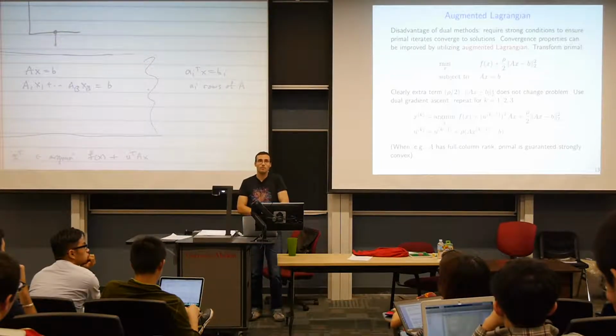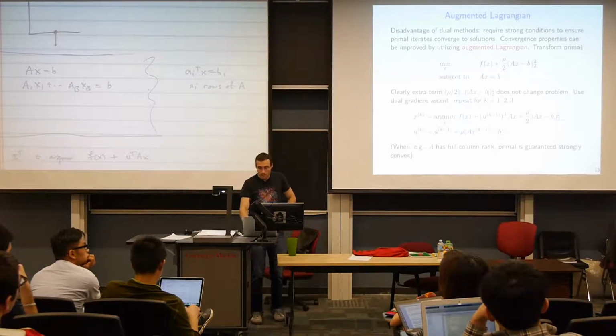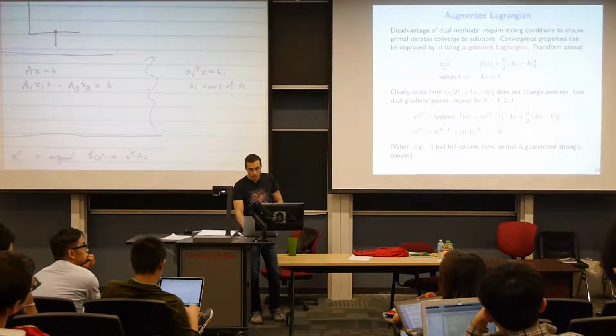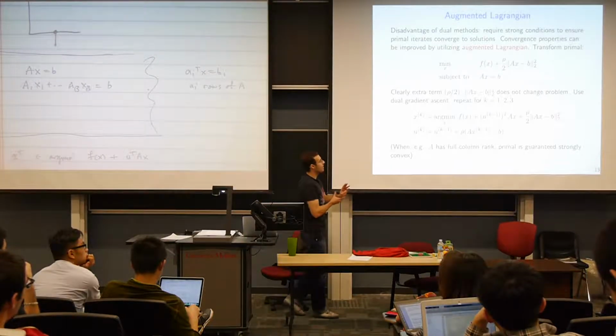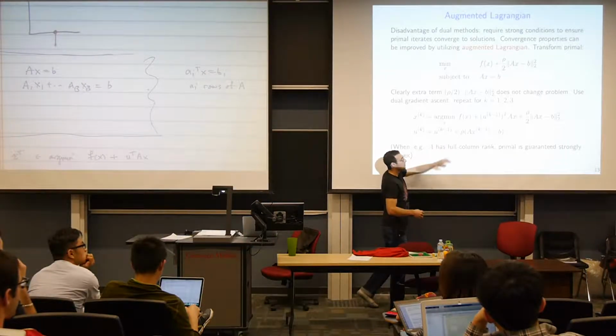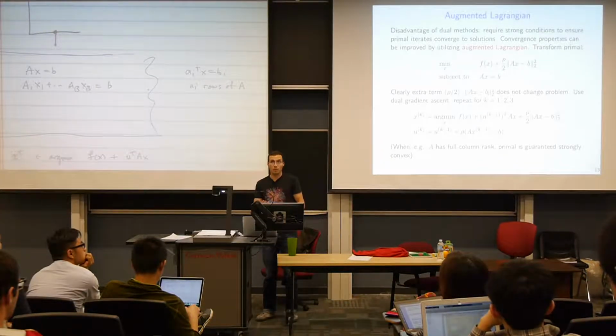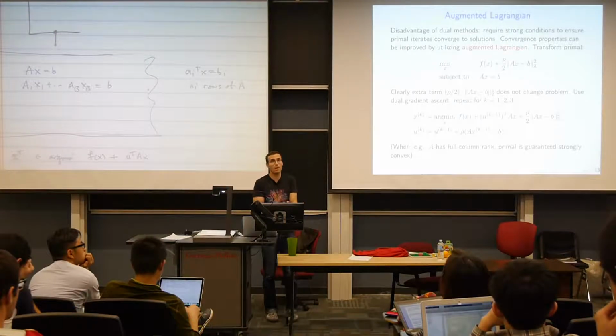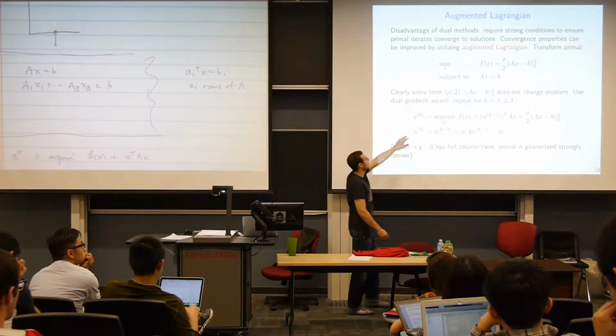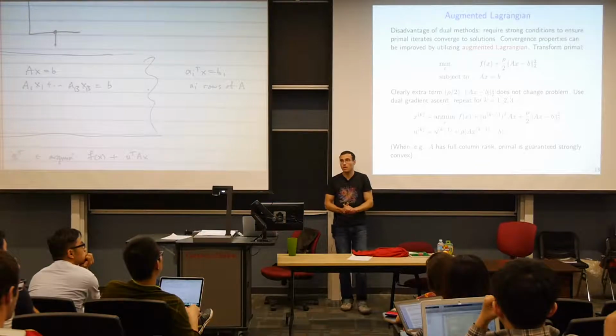So there's good and bad about this. I'll just tell you them right away, and then we'll discuss more about this choice of rho. The good part of augmented Lagrangians is that they converge. They have better convergence properties in terms of the primal iterates than the regular dual methods do.